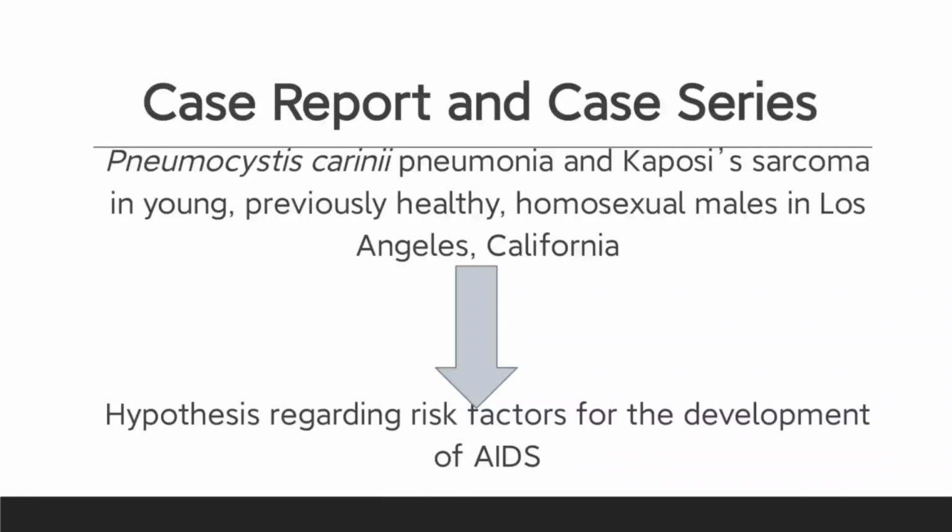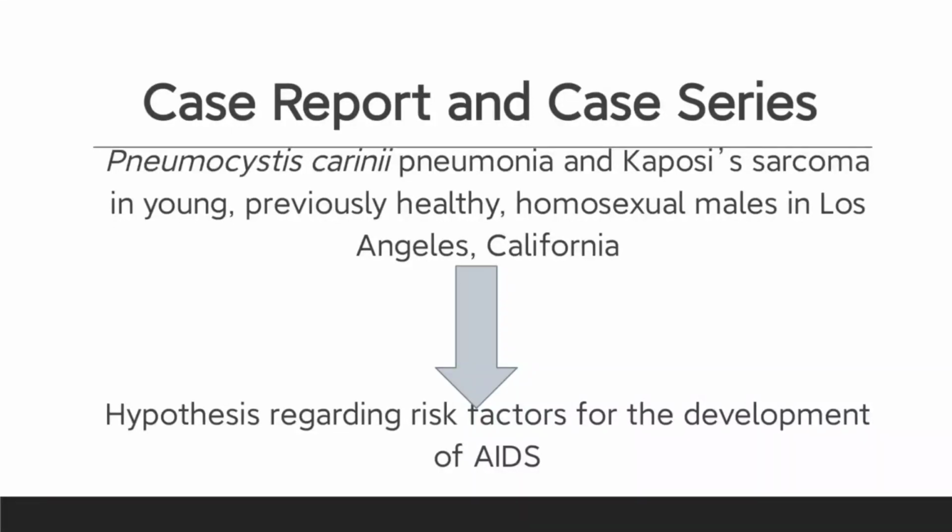on geriatric patients. Ibig sabihin, yung mga matatandang pasyente. Okay? So, yun yung normal na disease occurrence. However, ang nangyari, lumalabas siya sa mga younger patients. Sabi dito, di ba? In young, previously healthy homosexual males in Los Angeles, California.